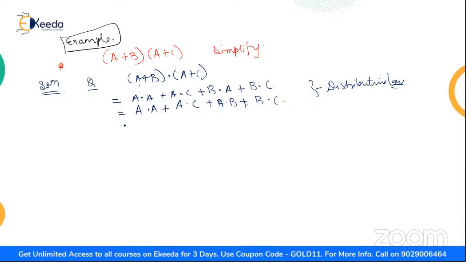You have to simplify this, isn't it? So this is equal to, what is A dot A? A dot A is A, plus A dot C plus A dot B plus B dot C. This is called the idempotent AND law, that is A dot A is equal to A. Then we'll see the next step.